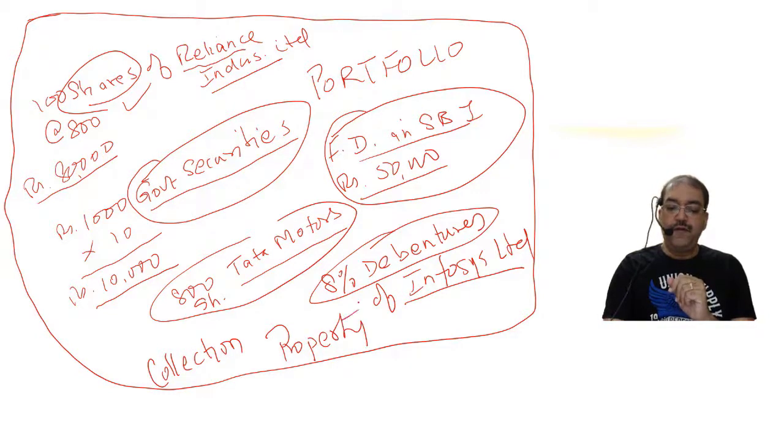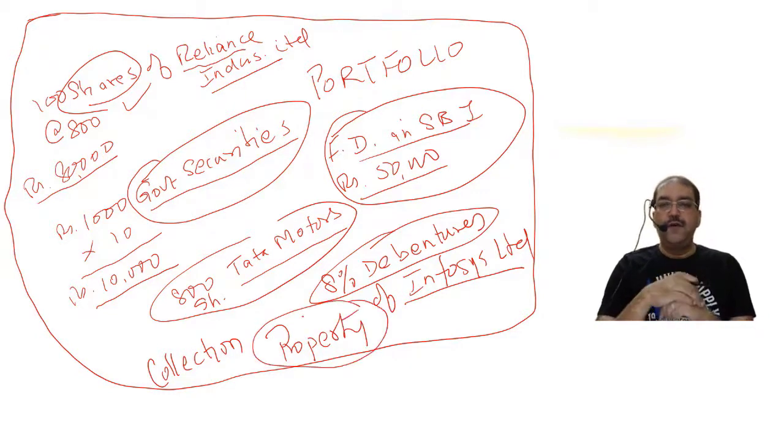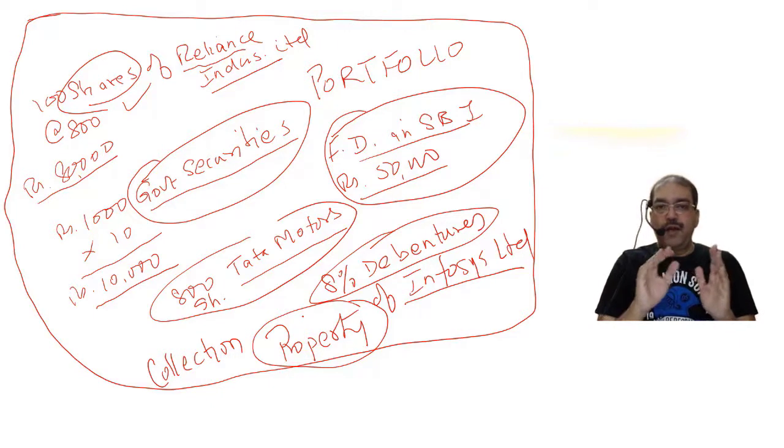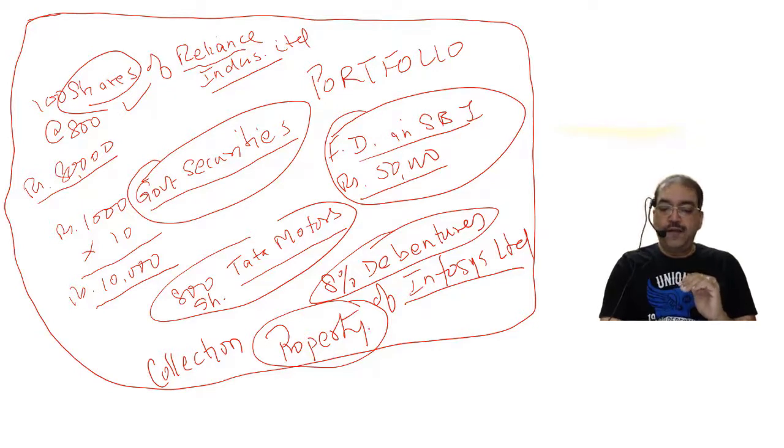If you remember in the very first lecture on security analysis, we had done the meaning of security and the different type of investments which are possible. So on the basis of that, we are having different forms of investment, shares, debentures, mutual funds, property, assets. So when I have my investments in different forms, then I say that I'm having a portfolio.